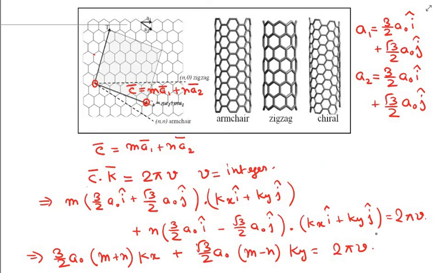Now what does this equation give us in the kx ky plane? We have kx and ky, which are variables, and this part is a constant, because m and n depend on how this nanosheet is wrapped up, or how this nanotube is formed.